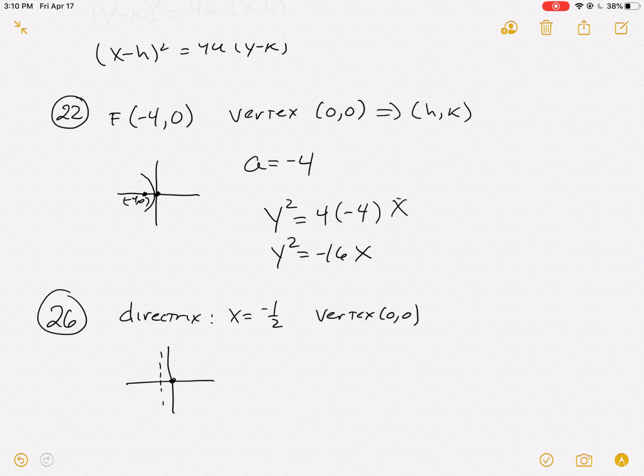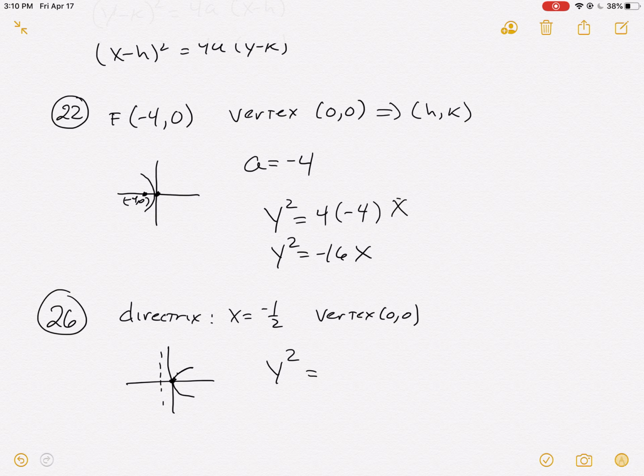That's right back here. And so our parabola has to be opening up to the right. Because remember, the directrix is the line that sits behind the parabola. It doesn't intersect it. And so what do we know? Well, because it's not a function, we know it's a y-squared equation. We know that there's nothing being subtracted from the y because the vertex is 0, 0.